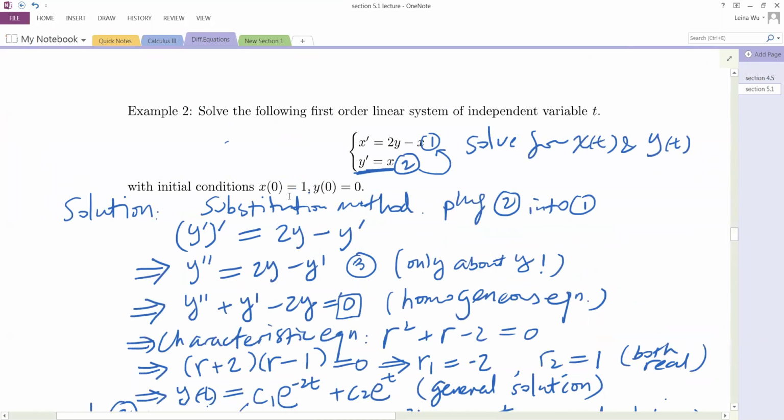The initial condition is when t equals 0, I have the point 1, 0. So let's click that point. If you click, then this would be a curve that's the solution curve.